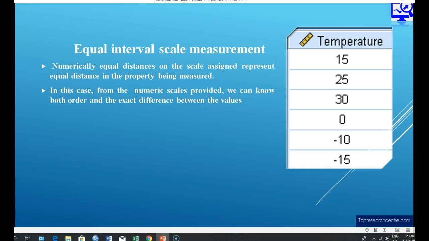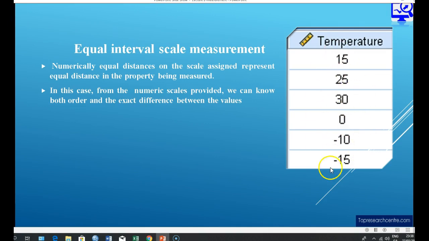But we couldn't give the exact difference between the used units. But in this case, we can order this.